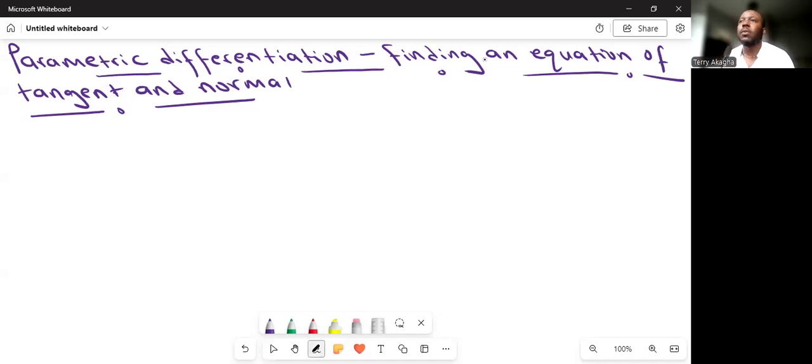Let's solve some example. So let's assume we have this example here.